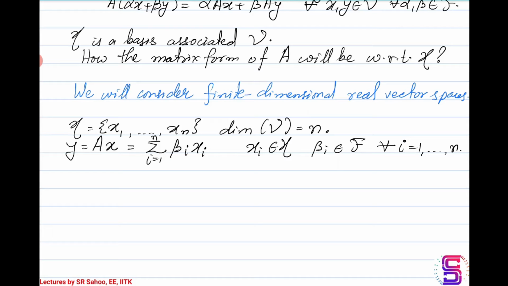So y can be represented as a linear combination of this. Similarly, x can also be represented as a linear combination of the basis vectors. Let me label them as this.